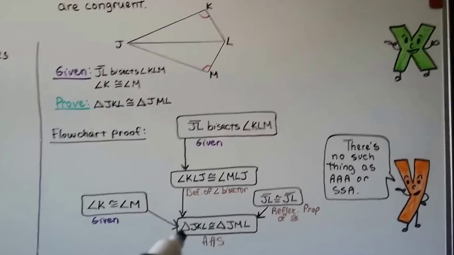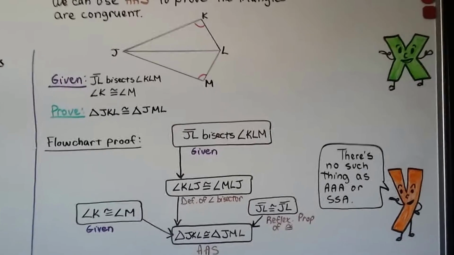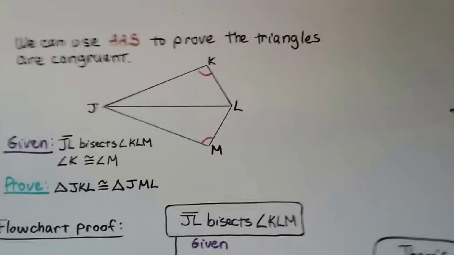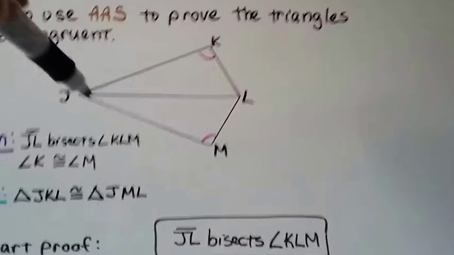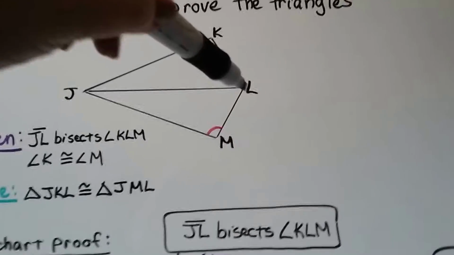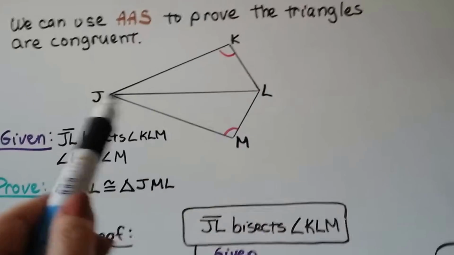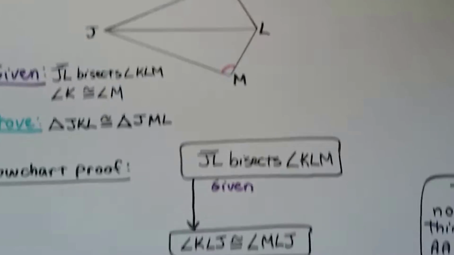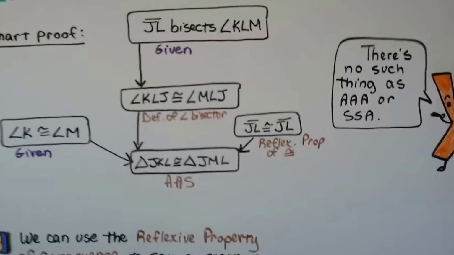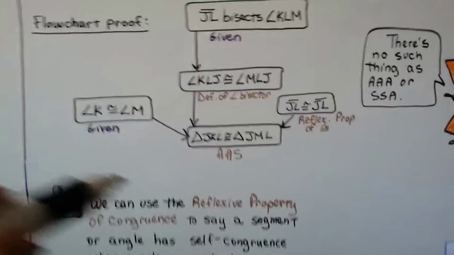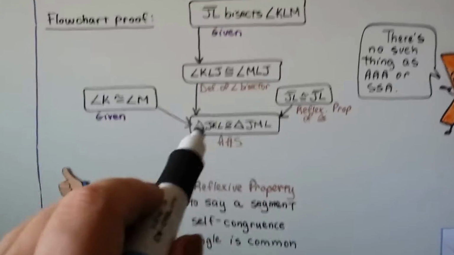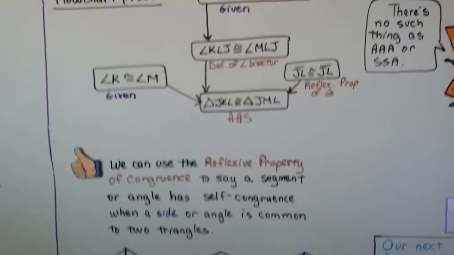Our given brings us here, and we've got JL is congruent to JL, and we've talked about this before. This triangle here is using this side JL, and it's congruent to the side that this triangle is using as JL. And the reasoning behind that is the reflexive property of congruence. And that brings us with angle, angle, side, that the two triangles are congruent.